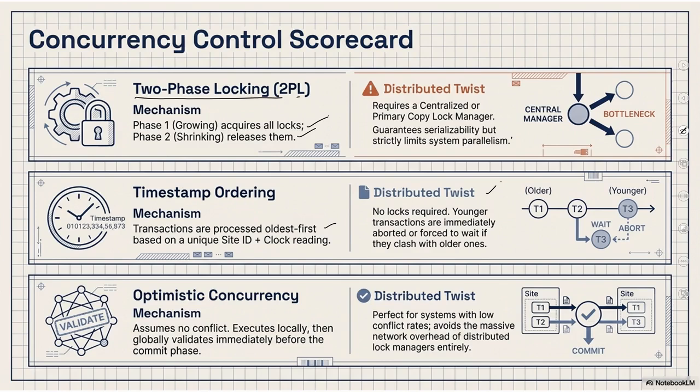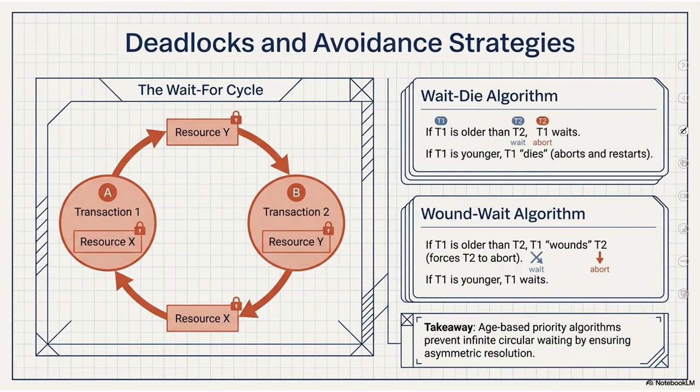Younger transactions are immediately aborted or made to wait when they clash with older ones. And optimistic consistency mechanisms: here there is no conflict, so transactions execute locally and then are validated globally. This is perfect for a system with a low conflict rate, avoiding massive network overhead from distributed lock management. And now the deadlock situations, and the strategy for how we overcome them.